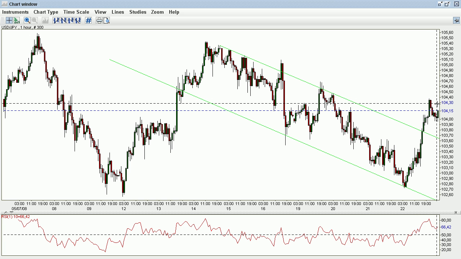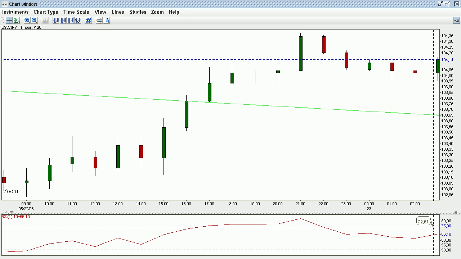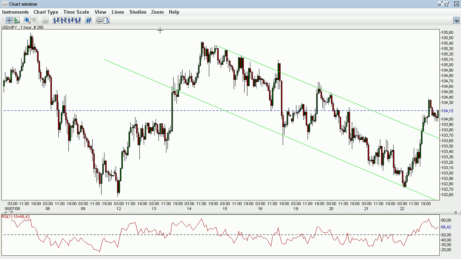So if we follow this rule, this currency pair might continue its uptrend, but if this candle, for example, closes above the level of 104.35, then the relative strength indicator is going to close below this previous peak, which was set on the level of 82.69, and this is going to result in a negative divergence, and after this negative divergence we can see more selling pressure. So as a whole, I don't believe that there is much potential in this currency pair.